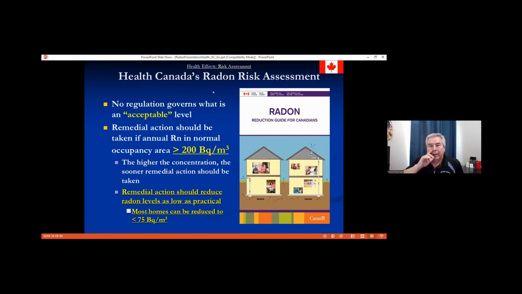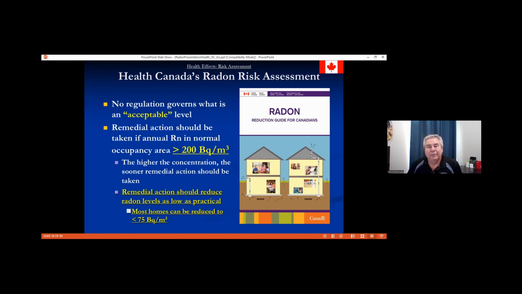Health Canada has an actionable level set at 200 becquerels per cubic meter. And this level here, they deem it as an acceptable level. It is not a safe level. In other words, what I'm saying here, if your levels are at 190 and the actionable level is 200, it doesn't mean that at 190 you're safe.